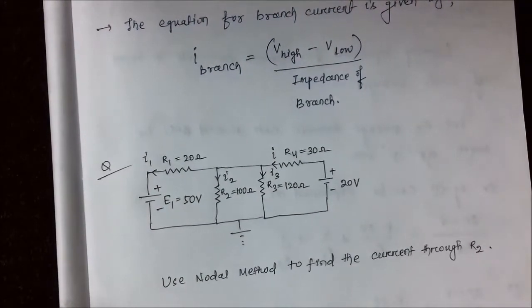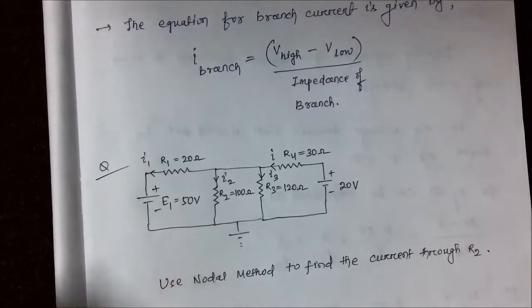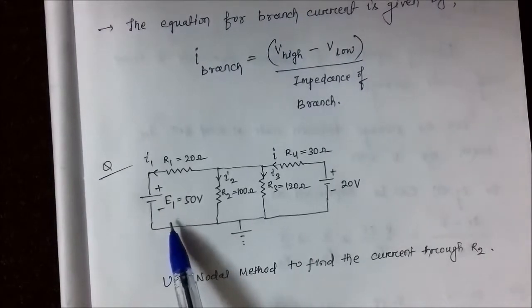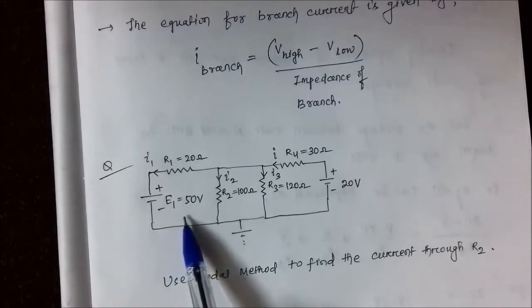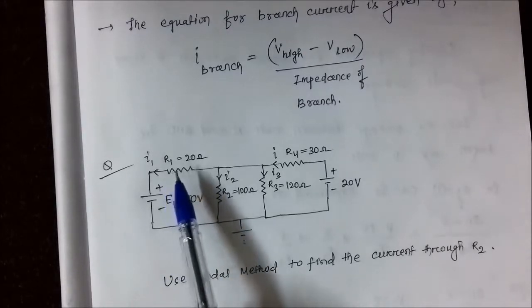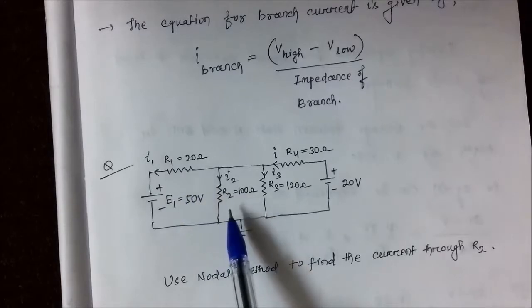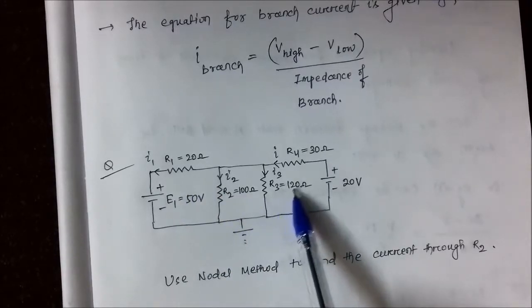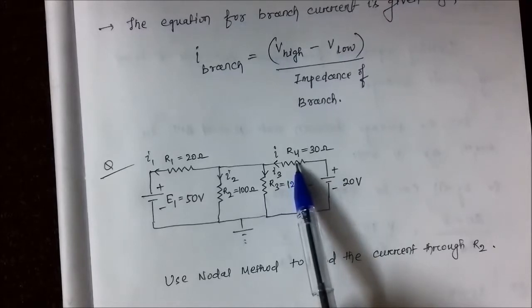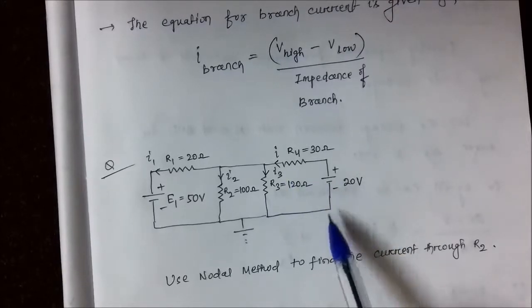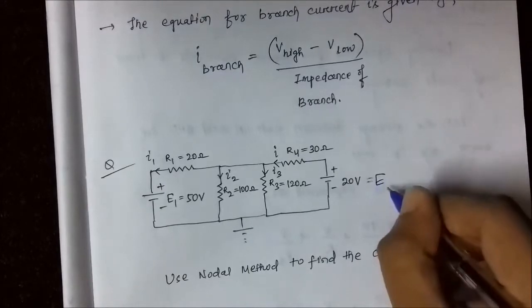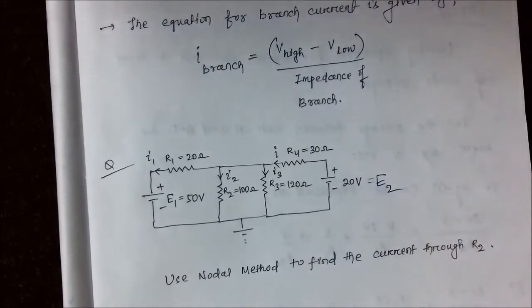Here there is a circuit network which consists of a voltage source E1 equals 50 volts, R1 equals 20 ohms, R2 equals 100 ohms, R3 equals 120 ohms, R4 equals 30 ohms, and E2 equals 20 volts.